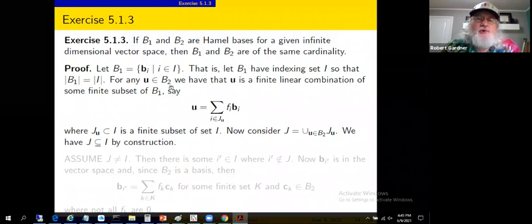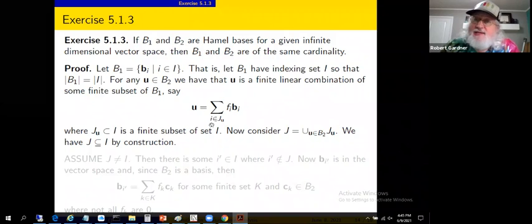So for any vector u in B2, u is a finite linear combination of some finite subset of basis B1, because B1 is a basis. And we're talking Hamel basis here, so of course finite linear combinations. So vector u can be written as a sum of some finite collection.